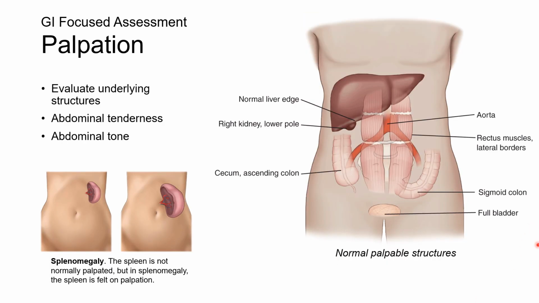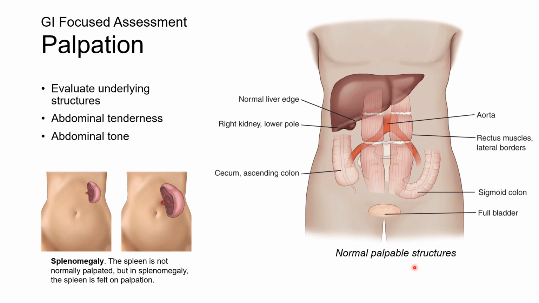And then just a little bit about palpation. So the purpose of palpation is to evaluate the underlying structures. You're also assessing for pain, tenderness, and abdominal tone. So most of these organs, it's really hard to feel anything unless the patient is pretty thin. If you have a patient that has a lot of tissue or abdominal fullness or adipose tissue, it's going to be difficult to feel really any of these structures under there.